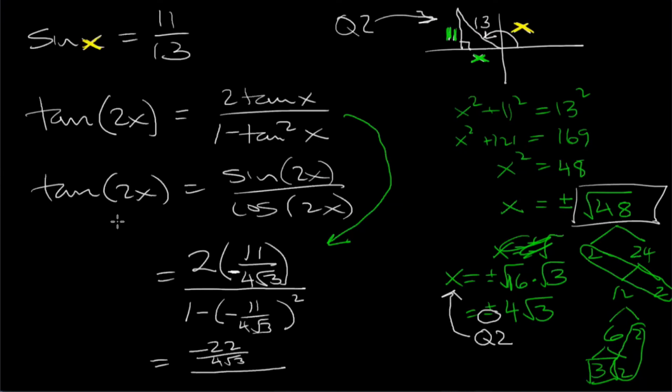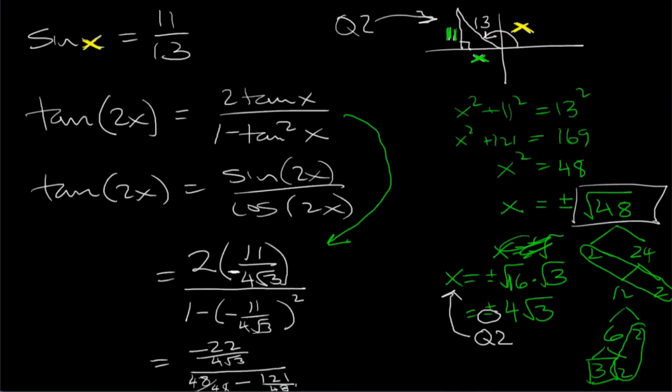Okay, but it'll be easier for rationalization purposes to have this. Okay, so even though I put the rationalized version down here, when I come to this one, I'm going to use this one, because square root of 48 squared is just what? 48. So I'm going to write that 1 as 48 over 48 minus, and then I'm going to square this, so it'd be 121 over 48.